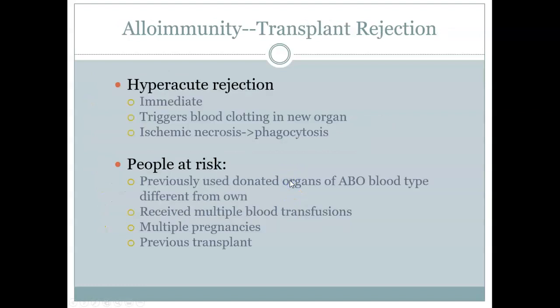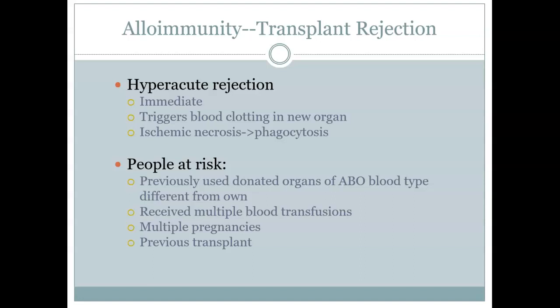Okay, so alloimmunity, transplant rejection. There are different types of transplant rejections that are part of this immune system response. So we can have a hyperacute rejection. Well, think about this. When you are transplanting an organ into another person, they can try to match up that transplanted organ the best they can, but to a certain extent your body will still recognize that organ as non-self.